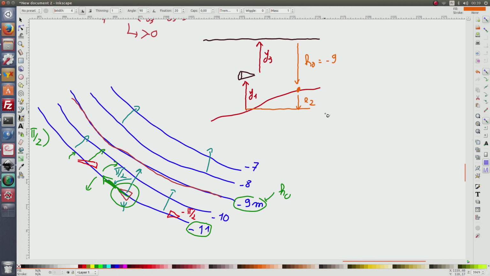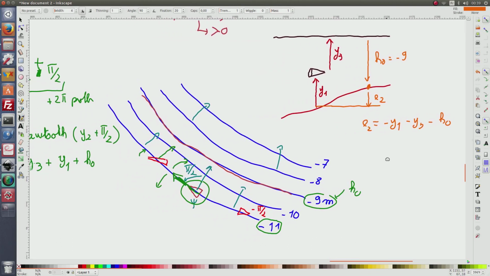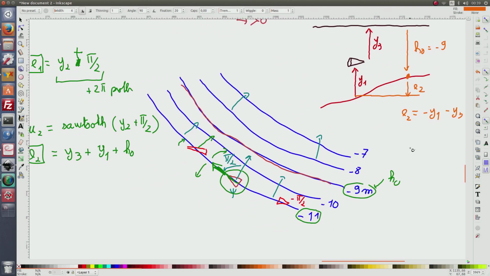Okay, so it is clear that the sum of all of them is equal to 0. It means that the second error, E2, is equal to minus y1 minus y3 minus h0, and I want this error to be also equal to 0.